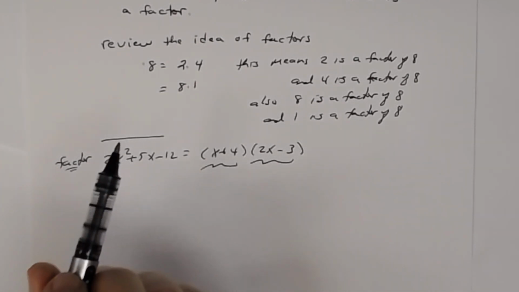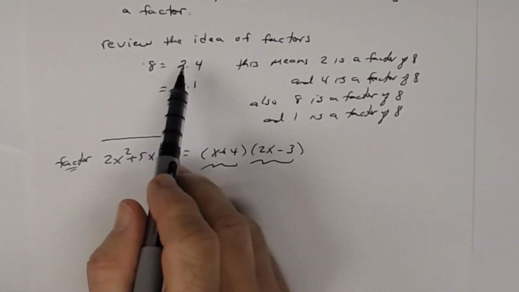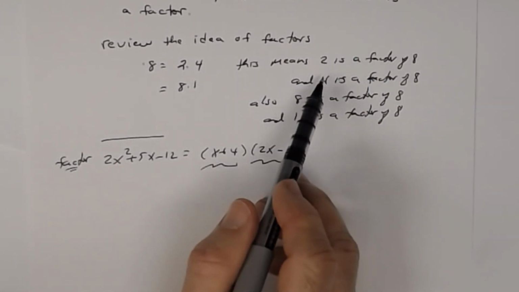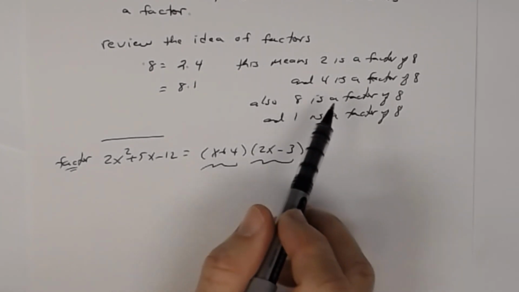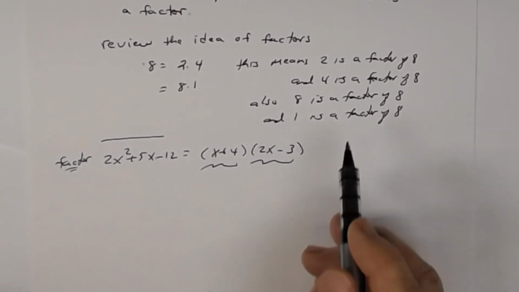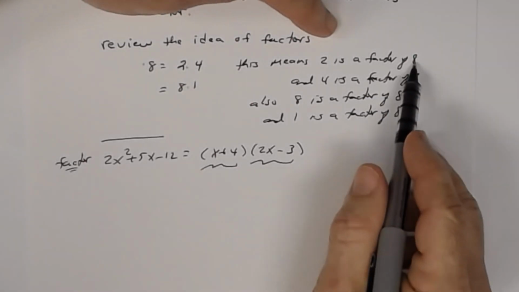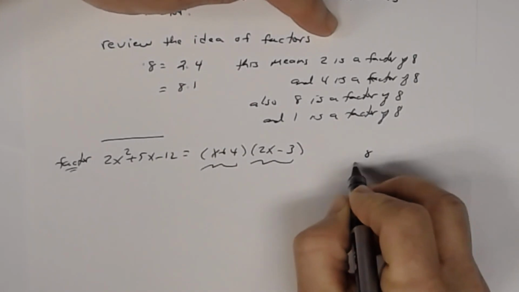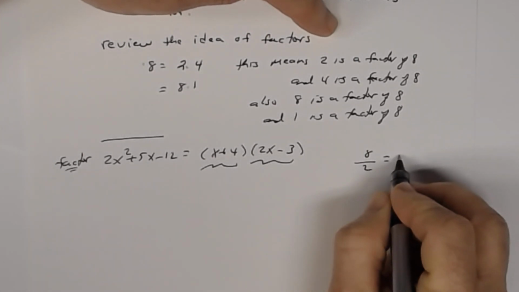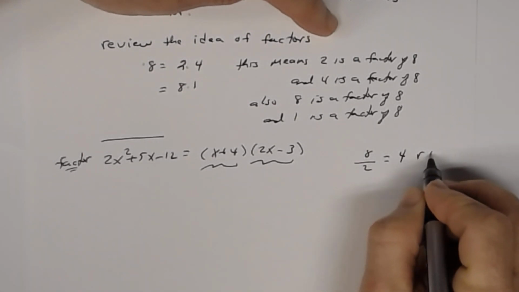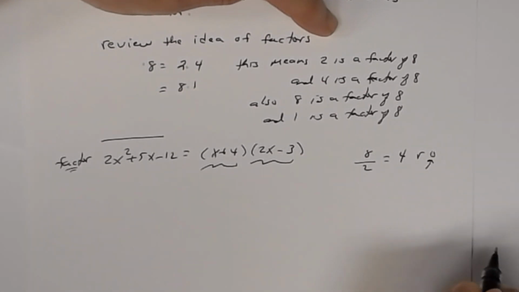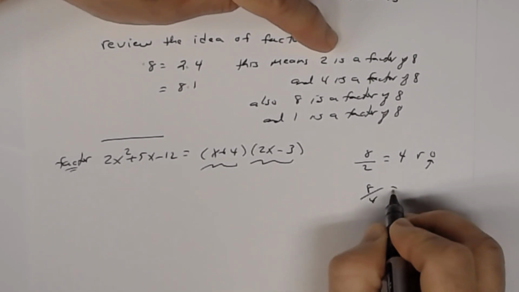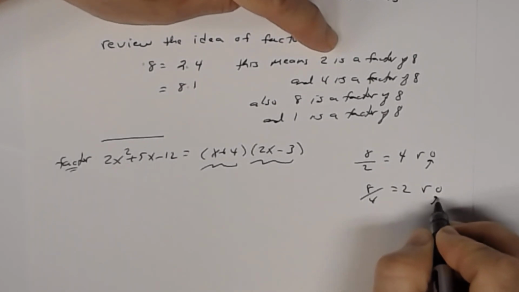One of the other things I want to remind you of is this. If we say that 2 is a factor of 8, or 4 is a factor of 8, or 8 is a factor of 8, and so on, it also means that if I take 8 and divide it by 2, I get 4, remainder 0. Notice the remainder is 0, right? If I take 8 divided by 4, I get 2 with remainder of 0.